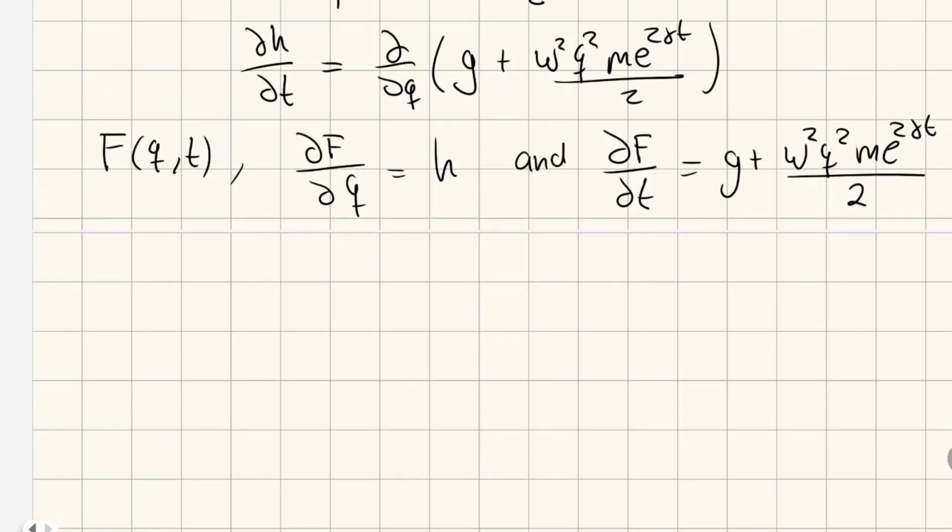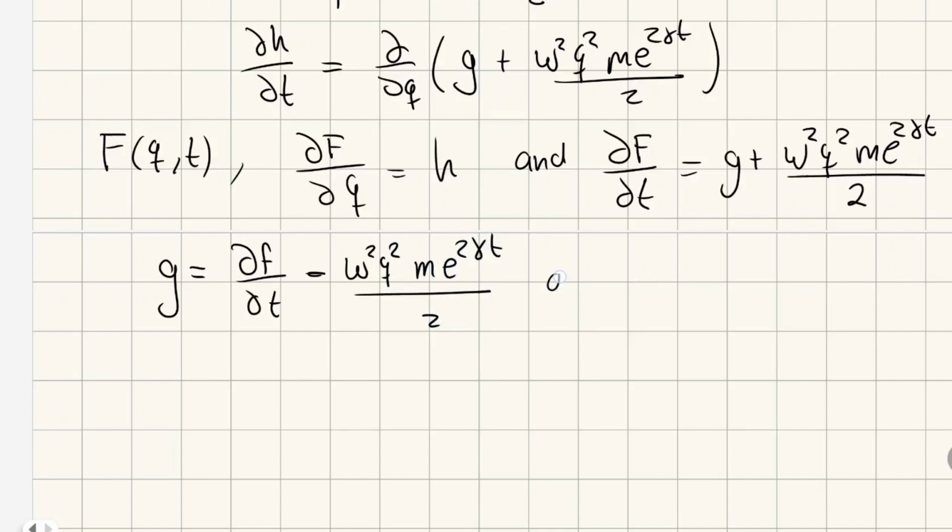Okay, so in terms of that function f, we can define g equals the partial of f with respect to t minus omega squared q squared m e to the 2 gamma t over 2, and h is equal to the partial of f with respect to q.